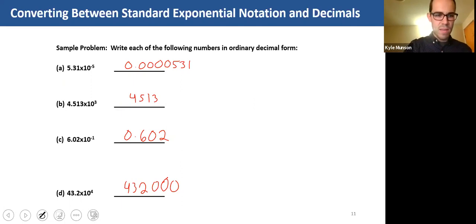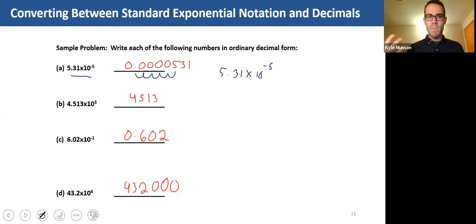For example, if I take this decimal place here and move it over 1, 2, 3, 4, 5 places, it's 5.31 times, and since I moved it 5 places to the right, that is a negative exponent, negative 5, and that's the number I got. This is just a way to get you familiar with using your calculator and converting between numbers and understanding exponential notation.